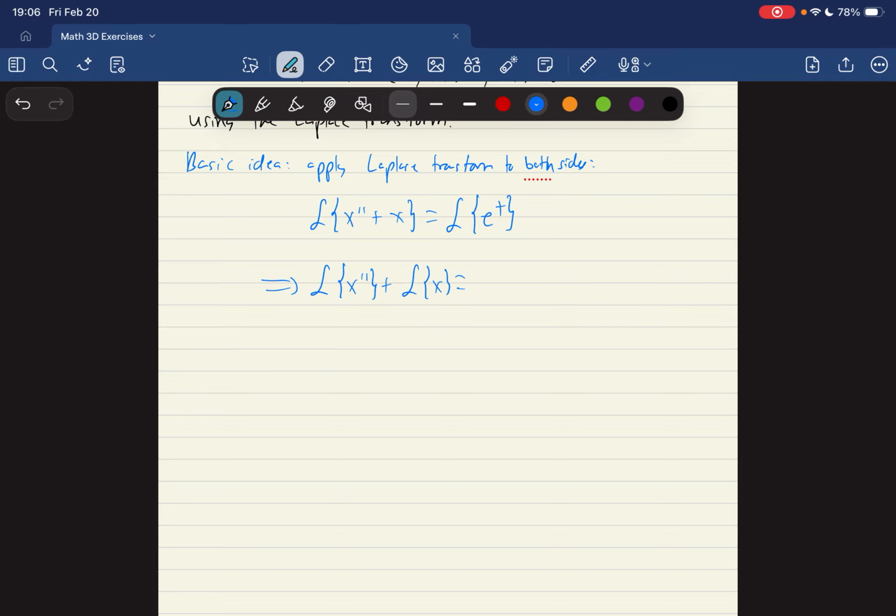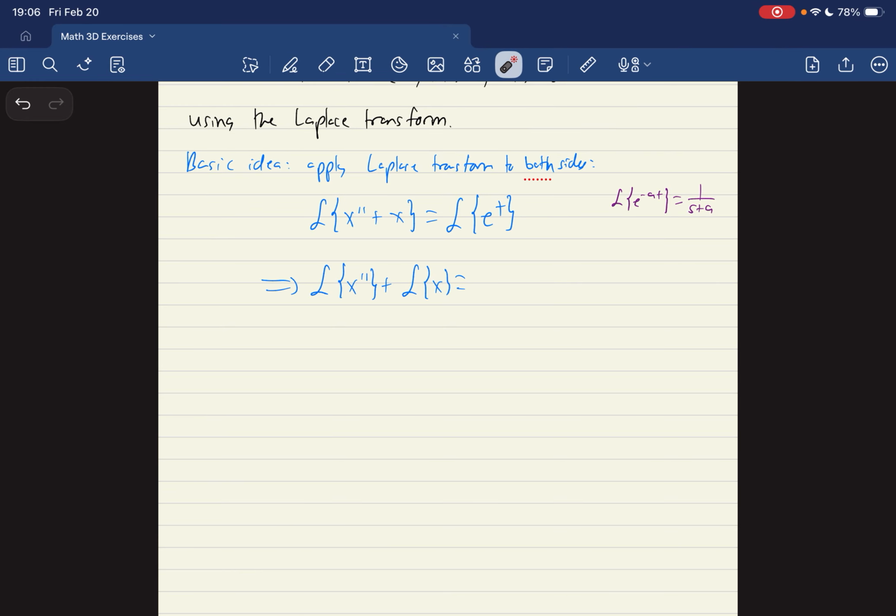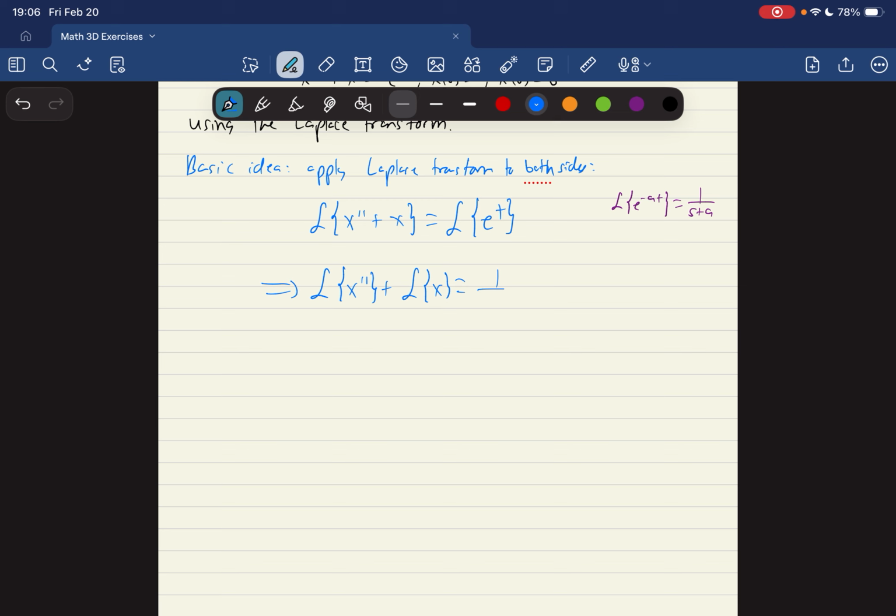From an earlier table that we saw in our previous video from this week, we know that the Laplace transform of e to the negative at equals 1 over s plus a. And so the Laplace transform of e to the t is going to be 1 over s minus 1 in this case.